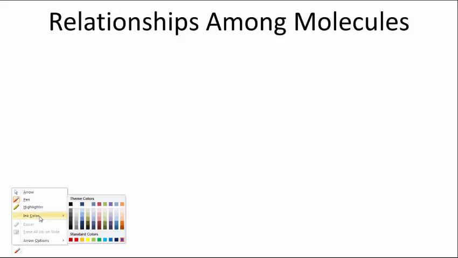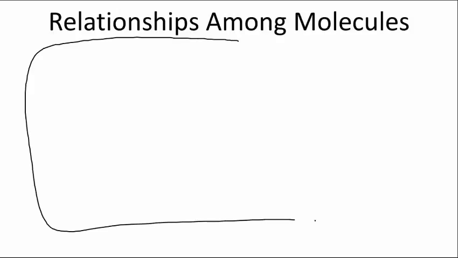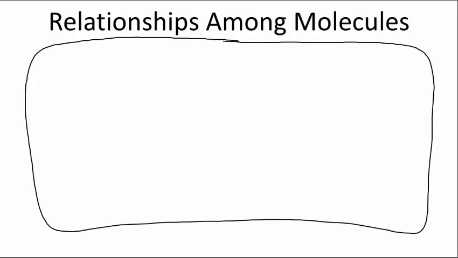So first of all, any two molecules that have the same chemical formula, meaning they're made of the same atoms, are some kind of isomers. So basically, we're dealing with this large pool of molecules that we call isomers.